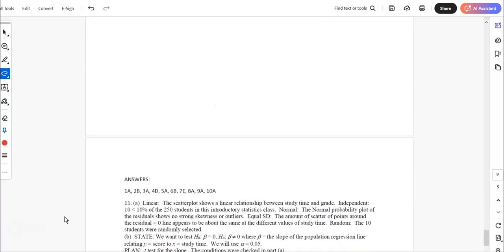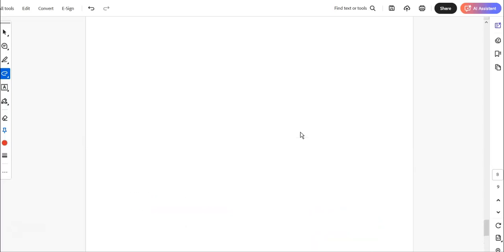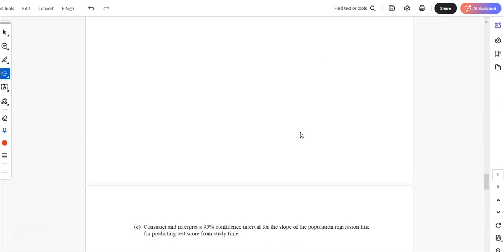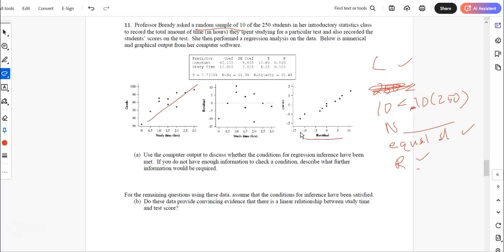11A. The normal probability plot of the residuals shows no strong skewness or outliers. Okay, so this is something I'm not sure we've even done this year, just because it's not part of the AP curriculum. So I didn't recognize it's called a normal probability plot. I was thinking it was a scatter plot.